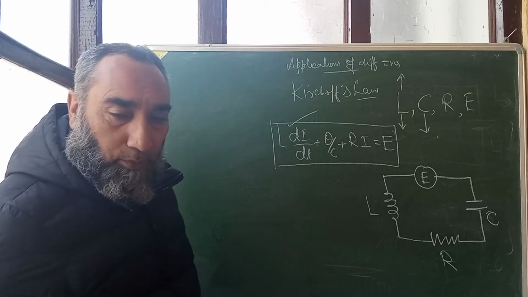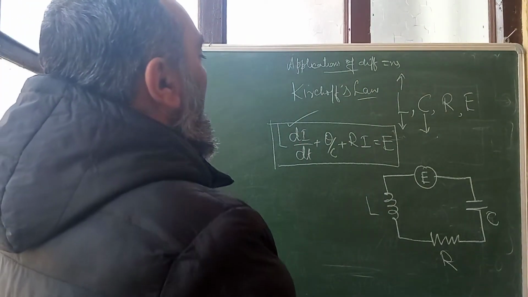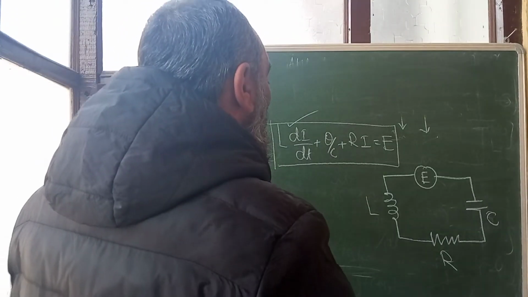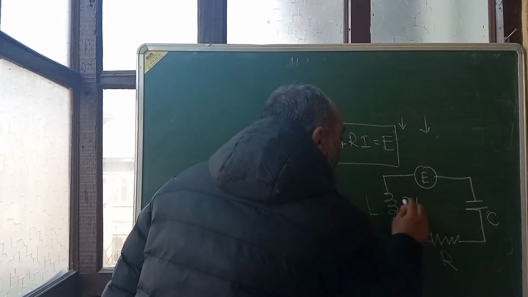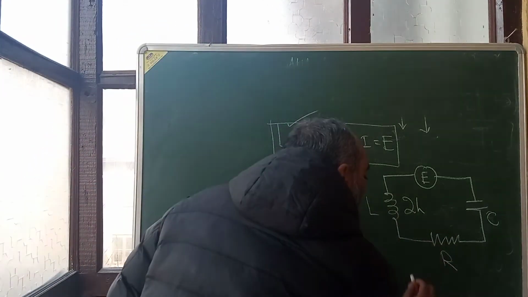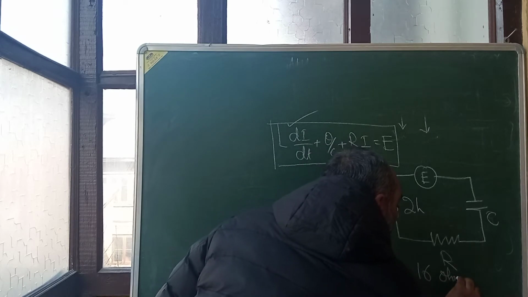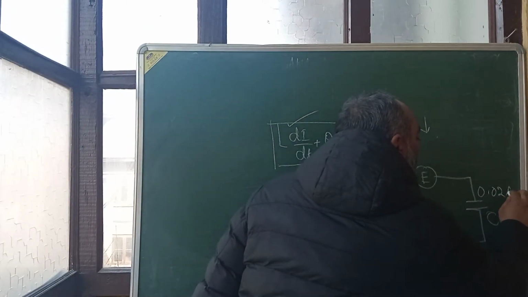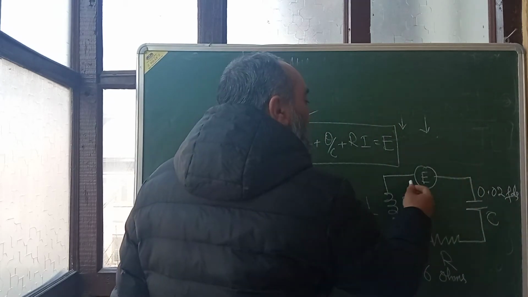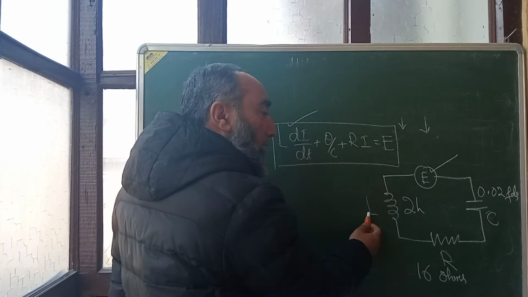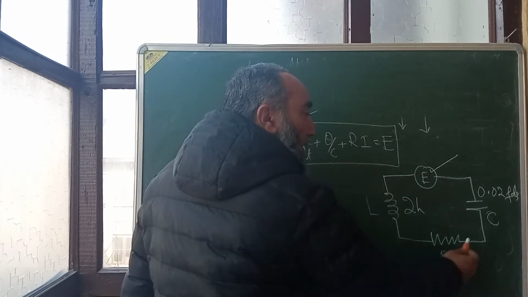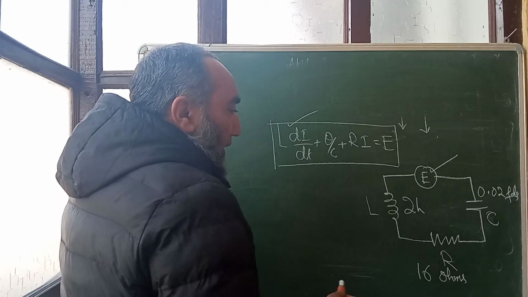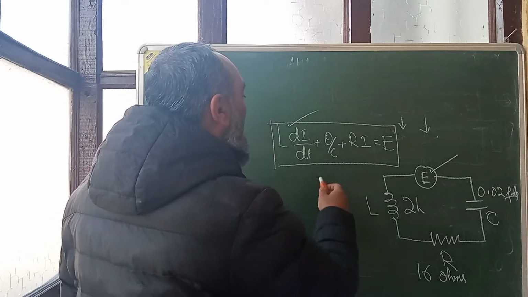So let me take up the first example. If an inductor of 2 Henries, a resistor of 16 ohms, and a capacitor of 0.02 farads are connected with an electromotive force E, and if the current, let me tell you, what is this Q?